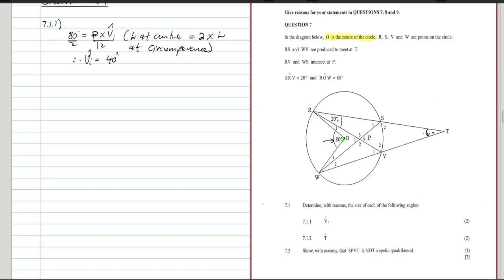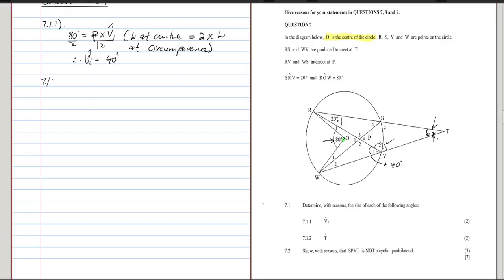What about 20 and the T? Now, one might argue that if we had V2, we would be able to calculate angle T. Oh, but you still remember, we calculated V1 just now, right? It's 40 degrees. So the V1 and the V2 are angles on a straight line. So we can calculate V2 first and work out angle T by using angles in a triangle.